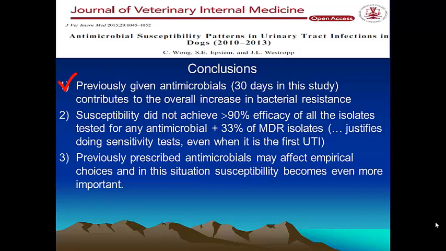What I found most relevant in this study is that none of the bacterial isolates achieve a susceptibility rate of more than 90% to any antimicrobial. In other words, out of 100 isolates, there are always going to be 10 that are going to be resistant to whatever antimicrobial you decide to choose as a treatment option, even if you have never given that antimicrobial to that dog previously, which is what they found in the uncomplicated urinary tract infections.